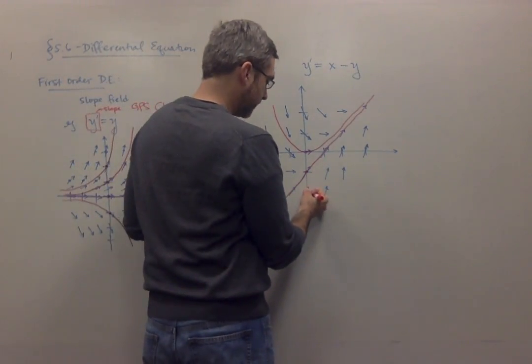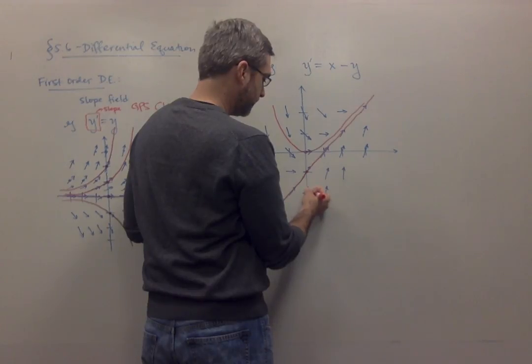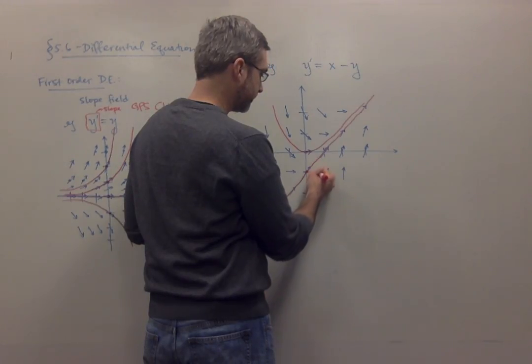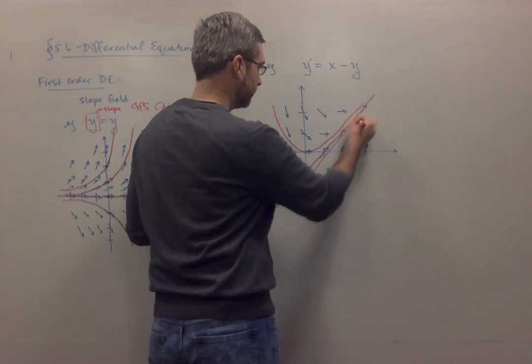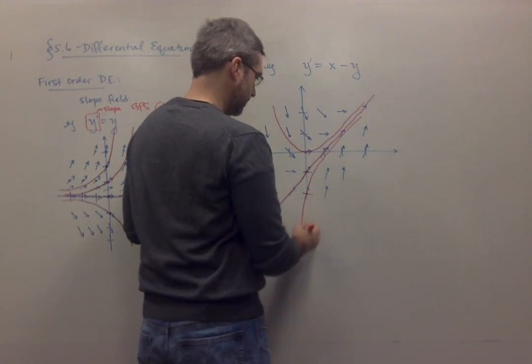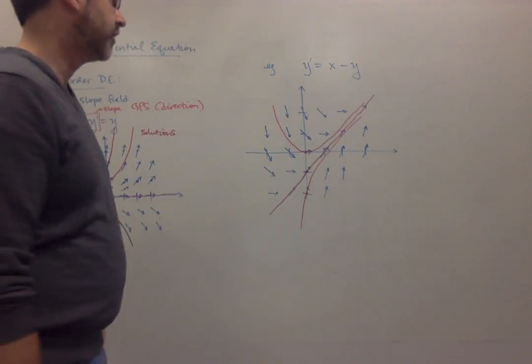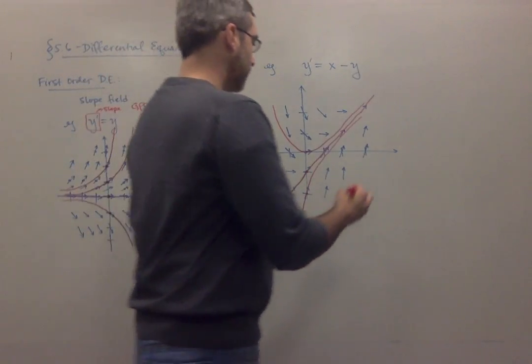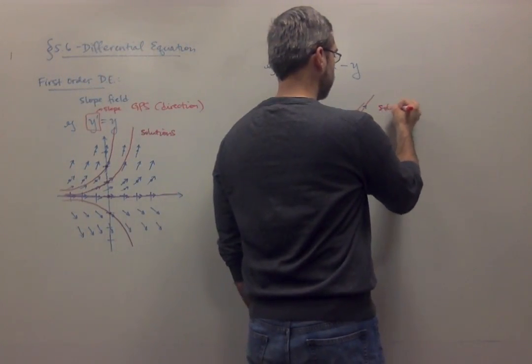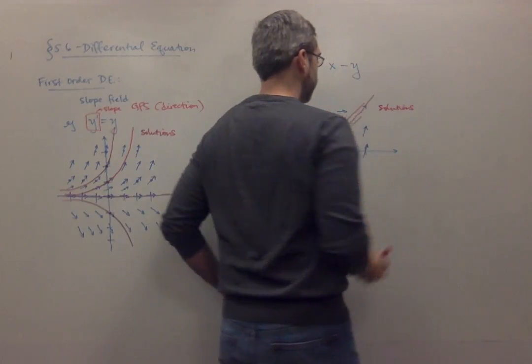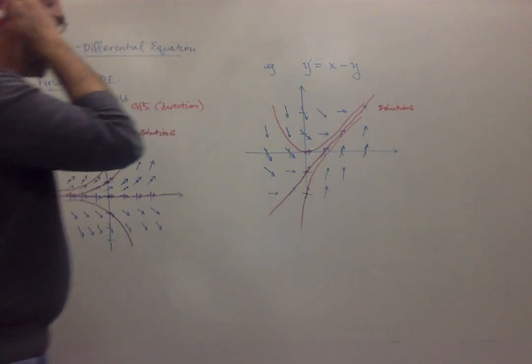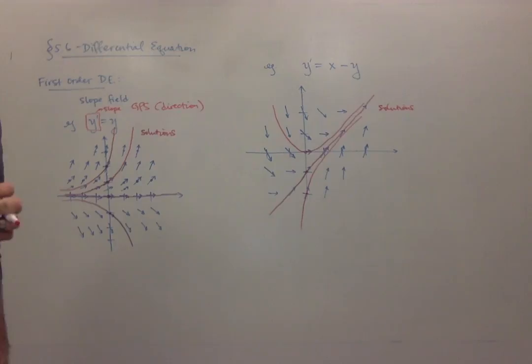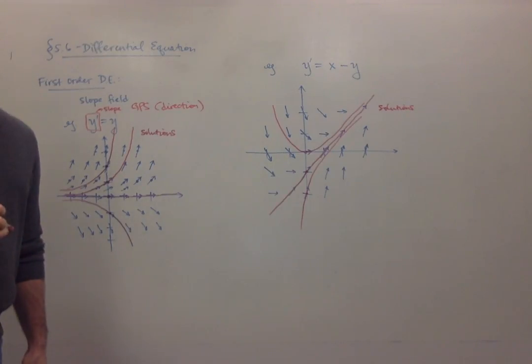Same thing if I were to start down here at 0, negative 2. Ends up coming from something like that. So these are all specific solutions that we just kind of get because we're graphing a slope field.